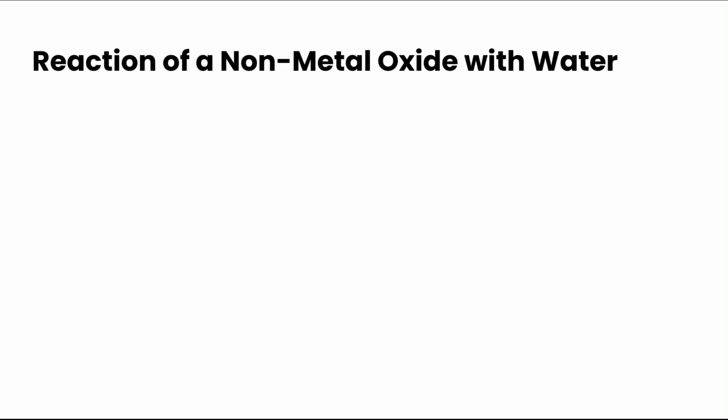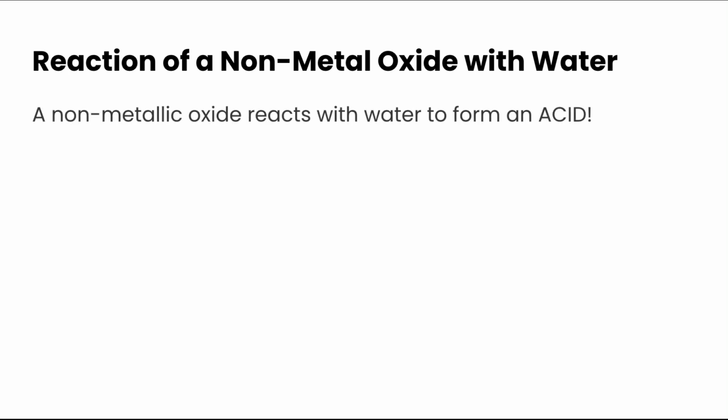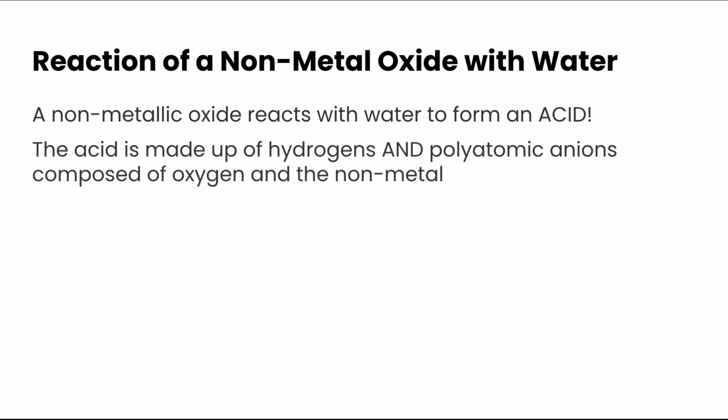If we take a non-metal oxide with water, it actually does the opposite. It forms an acid. And the acid is made up of hydrogens as well as the polyatomic anions that are composed of the oxygen and the nonmetal. So let's take a look at an example. If we take our sulfur dioxide, which is our nonmetal oxide, and react it with water, really what we're doing is just combining all of these elements together.